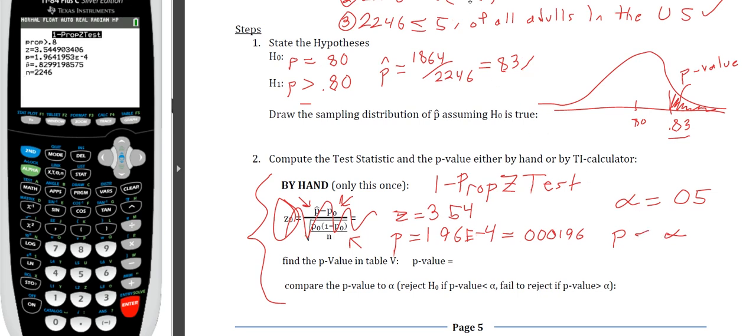Since it is less than alpha, that means we have enough evidence to reject the null hypothesis. So we have enough evidence to say that the proportion is actually greater than 0.8, not equal to 0.80.